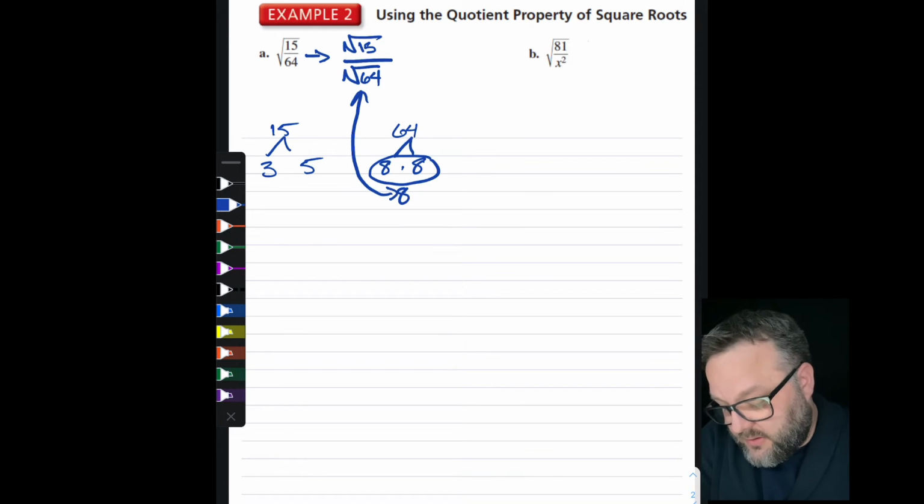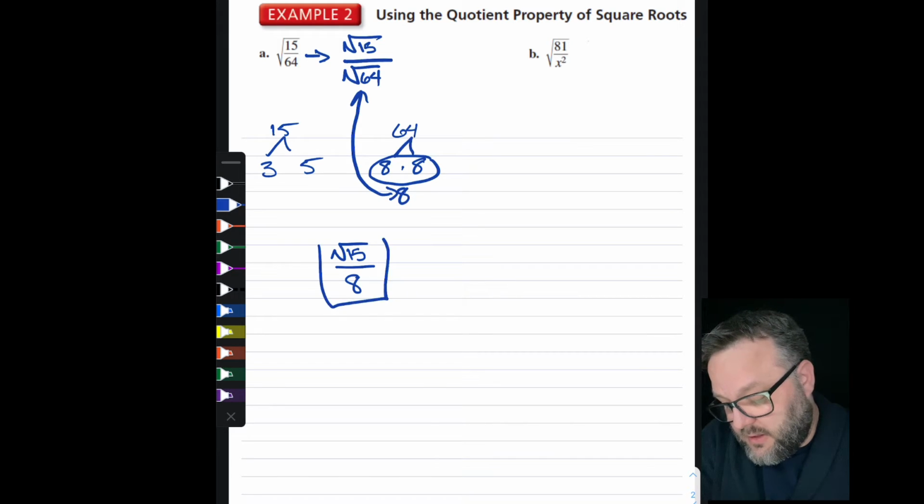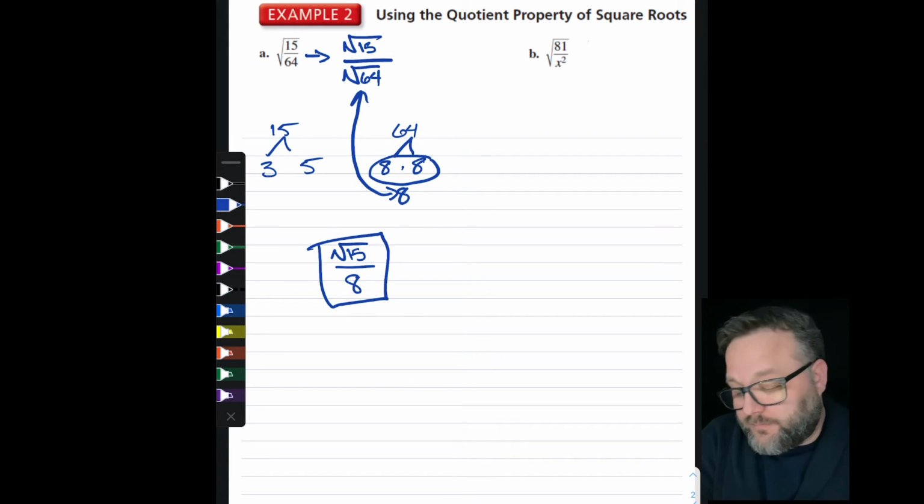Now I've got the square root of 15 divided by 8. Since the square root of 15 didn't have anything to bring out or any squares within it, it's simplified. The 8 is simplified. So my answer is the square root of 15 divided by 8, which is the same thing as the square root of 15 divided by 64.